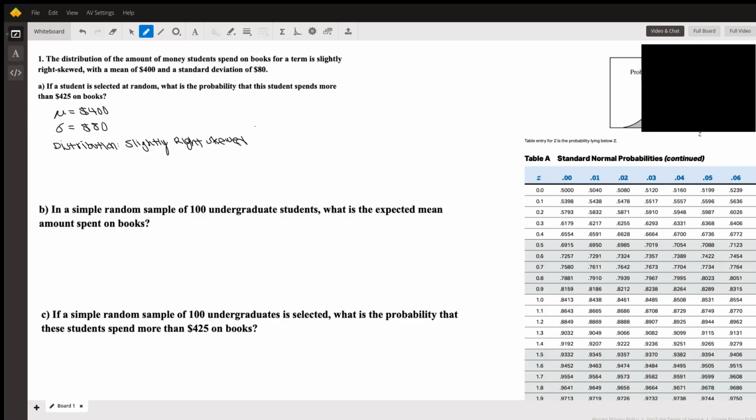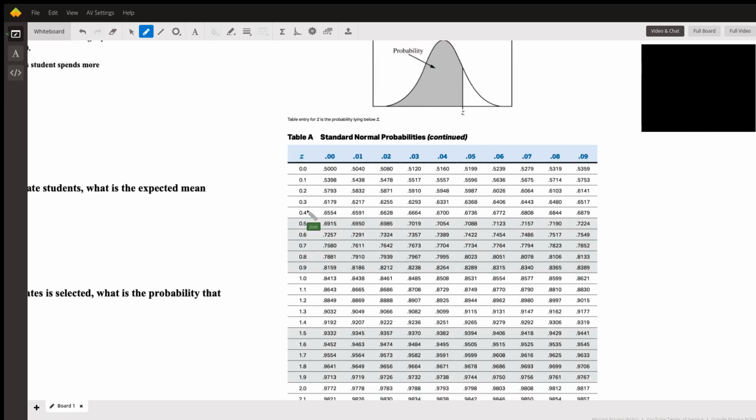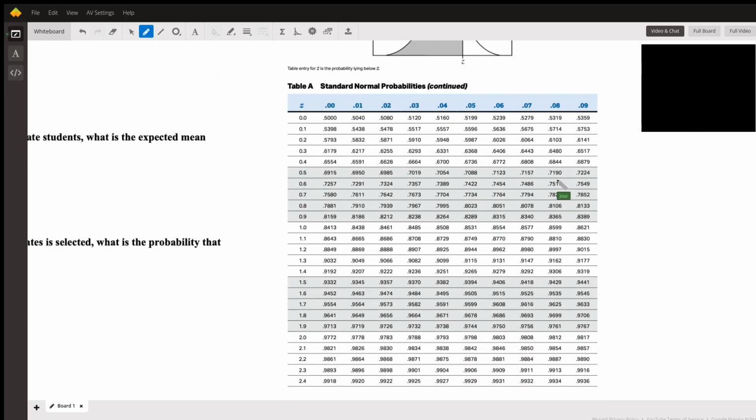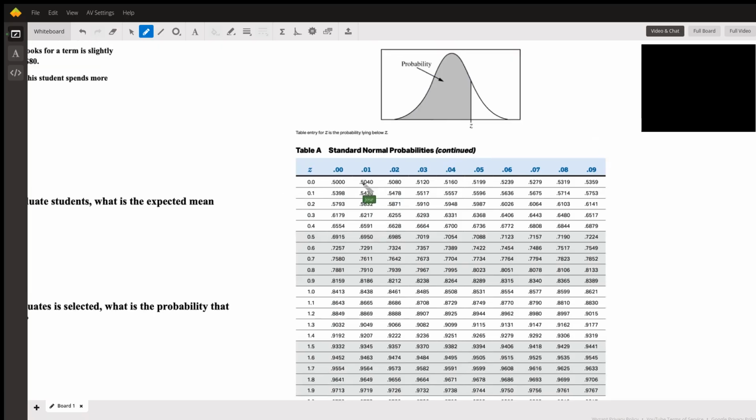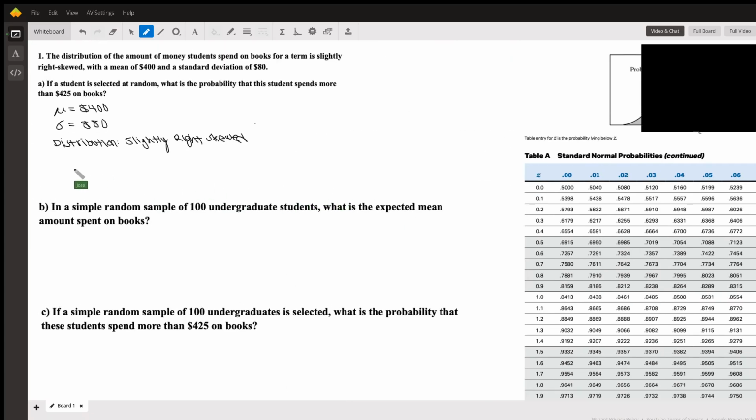To find the probability, you first have to calculate the z-score for an individual student, for any individual student x. So to calculate the z-score here, z-score is going to be equal to your actual data minus the population mean over the population standard deviation. What's my student?